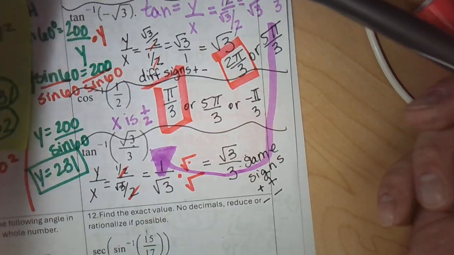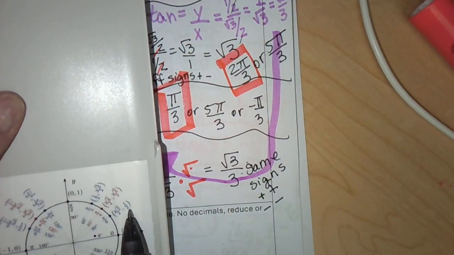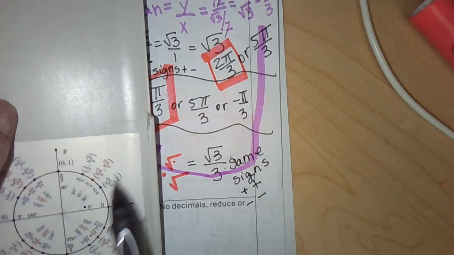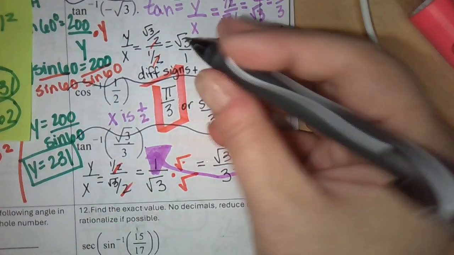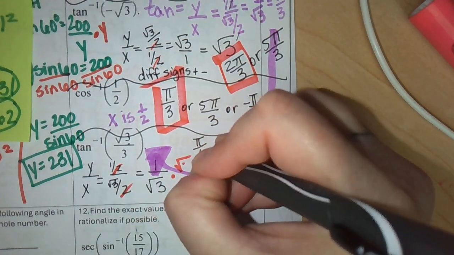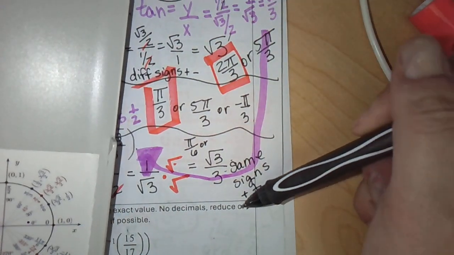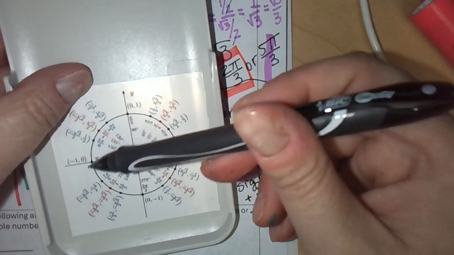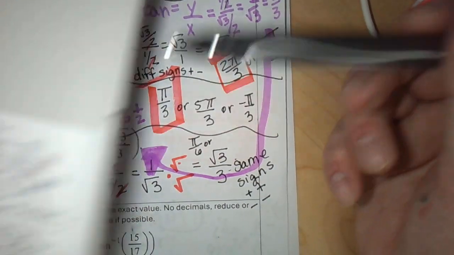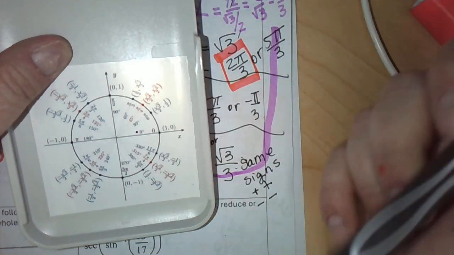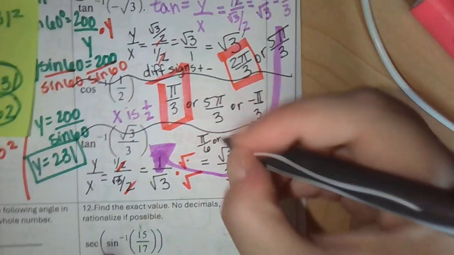Alright, let's look. When the y is 1/2 and the x value is square root of 3 over 2 and they're both positive, pi over 6. Or let's look for a negative negative. Y value is negative 1/2, x value is negative square root of 3 over 2. So at 7 pi over 6.